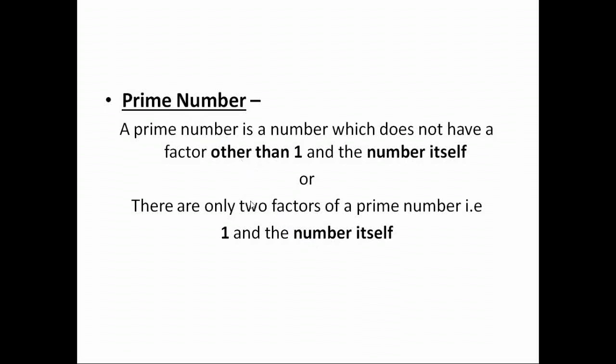So just remember that a prime number is a number that has only 2 factors, 1 and the number itself. So for example 2, 3, 5, 7, 11, 13, 17, etc. These numbers do not have any other factors other than 1 and the number itself.